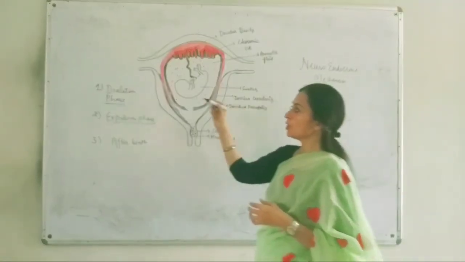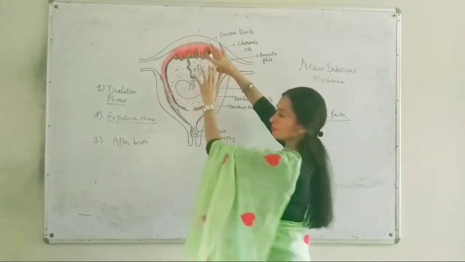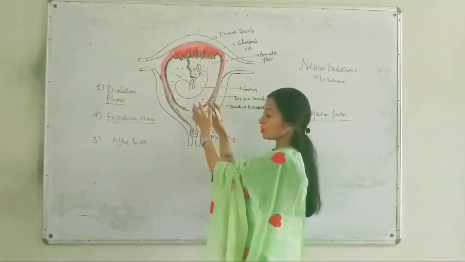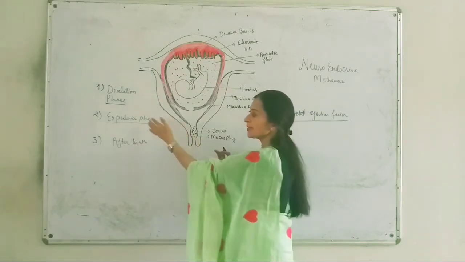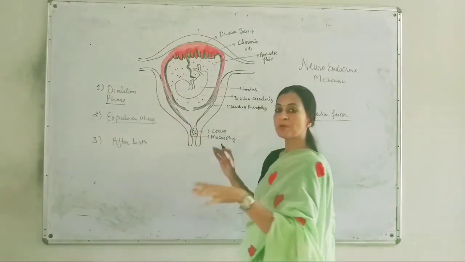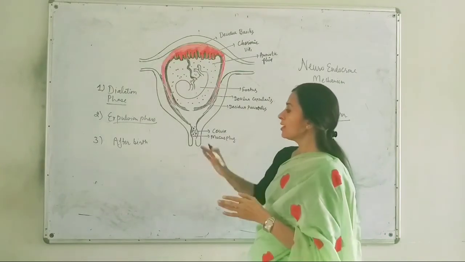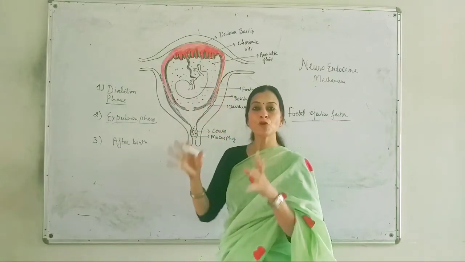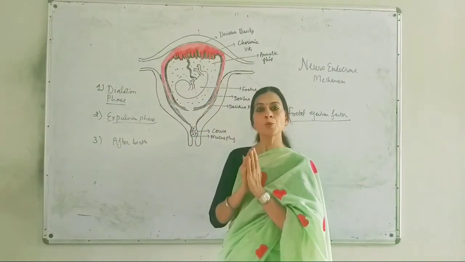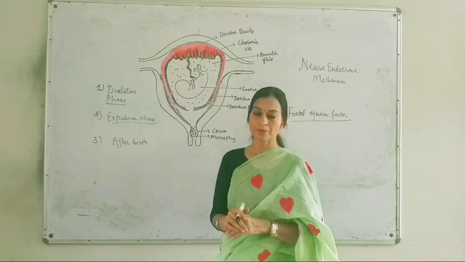So this is how, in the dilation phase, this whole content is pushed towards the cervix and the vagina, then in expulsion it is expelled outside from the body, and after birth all the tissues which were temporarily formed during pregnancy are also expelled outside.